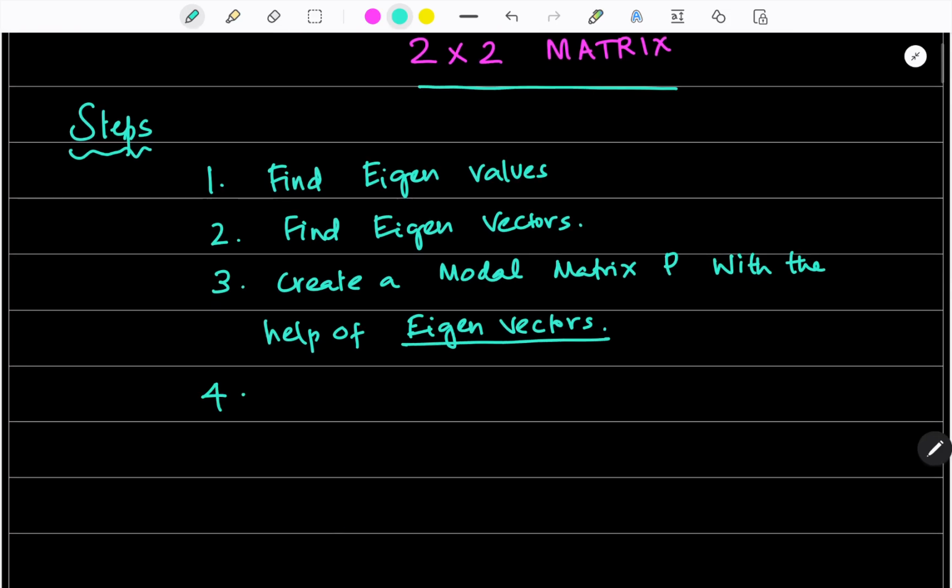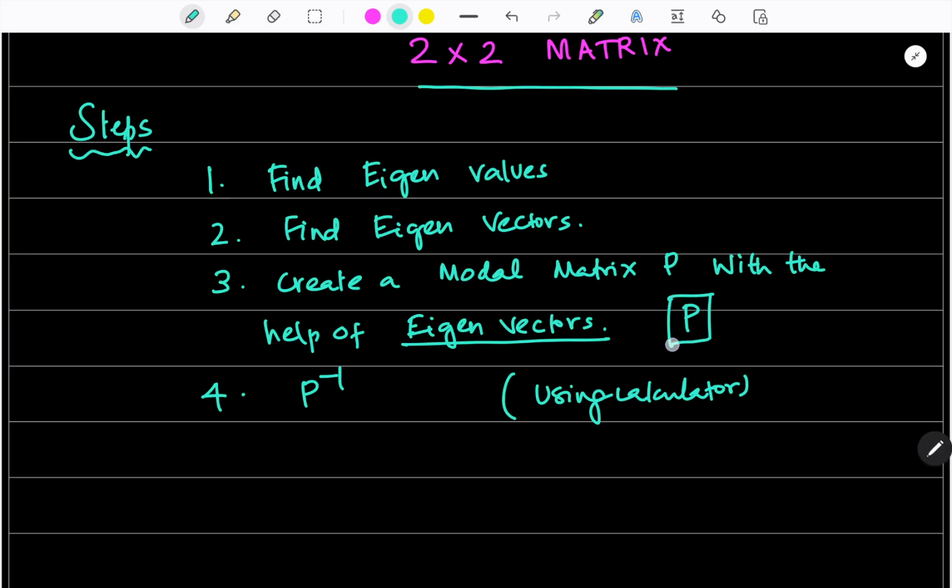Step number 4, you are going to find P inverse. You can find P inverse using a calculator here. But if a question asks to find A inverse as a separate question, you are not supposed to use a calculator; you have to do it by steps. But here we are already finding eigenvalues and eigenvectors, and in this case we find P inverse, and you can use the calculator directly.